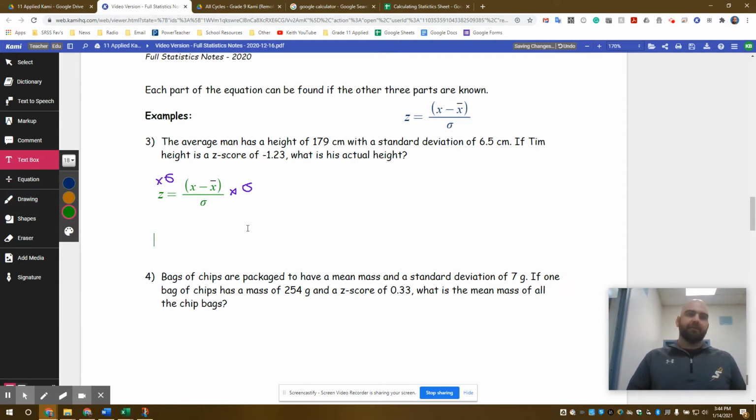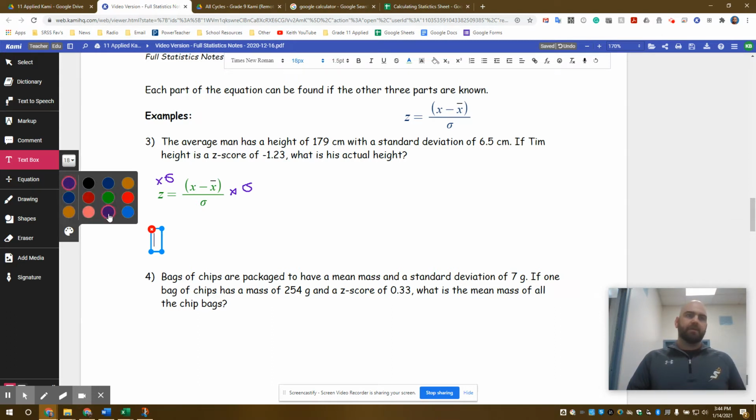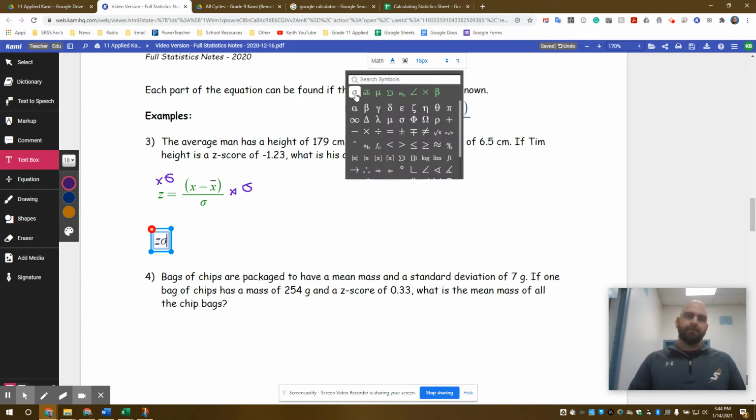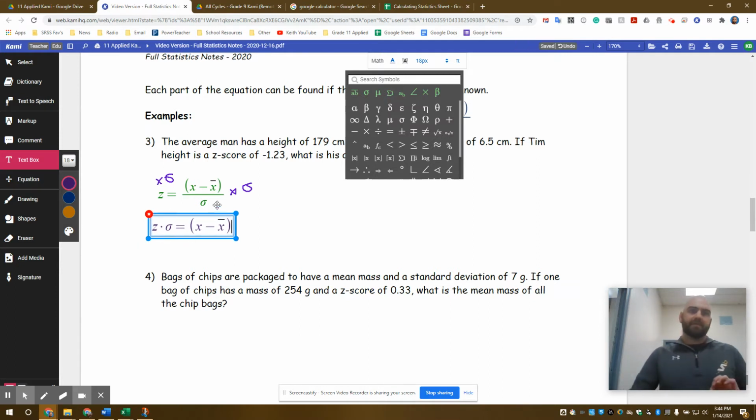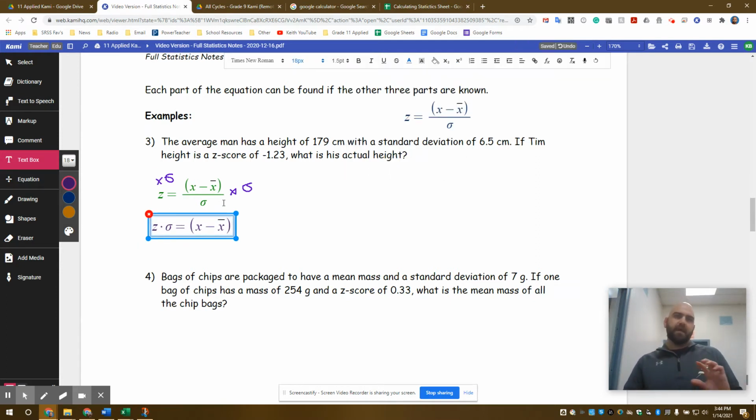What we're going to be left with, in nice orderly fashion, is z times sigma, and maybe I'll put a dot there because we're multiplying, is equal to x minus x bar. So if we multiply both sides by sigma, these ones cancel out, and we're left with this.